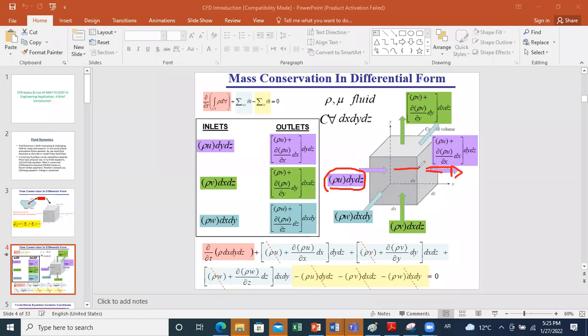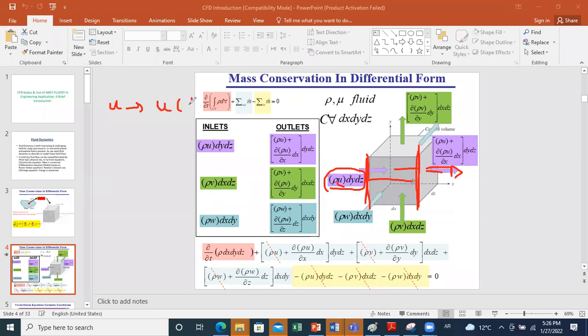Because the velocity u is changing with space, the mass flow rate at this face can be different from the mass flow rate at this face, and it will be affected by the value of u. So u will vary. Since here we are changing x position, we need to determine how u is varying with x.